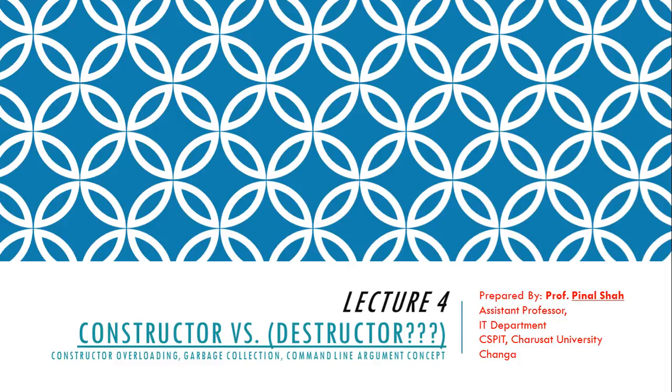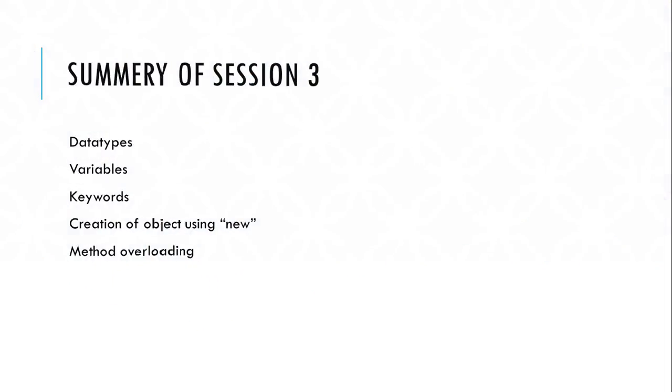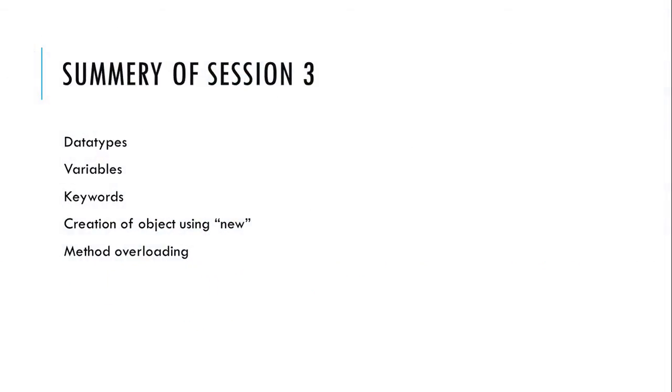Now, before diving into this session, let me summarize what we have discussed in the third lecture. In that lecture, we discussed the data types provided by Java, the difference between local variable and instance variable, then keywords, how to create an object using the new keyword, and finally the important concept of method overloading.